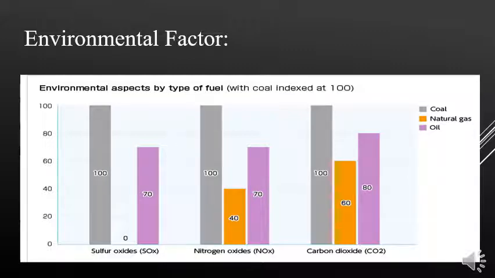So, in terms of environmental factors, if we want sustainable processes, we should use natural gas as an industrial fuel, but natural gas has a much higher price than coal. So overall, we will accumulate these factors, but solely in terms of the environmental factors, we should use natural gas.